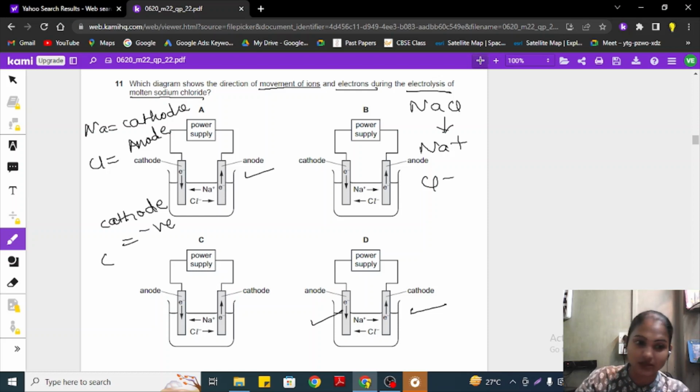Always remember this. And the anode is a positive electrode. So let's see out of these two, which one is correct. Electrons are moving from the cathode to the anode. Yes, this is correct. So for us, the option is A.